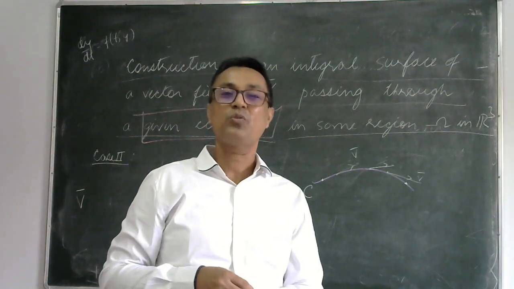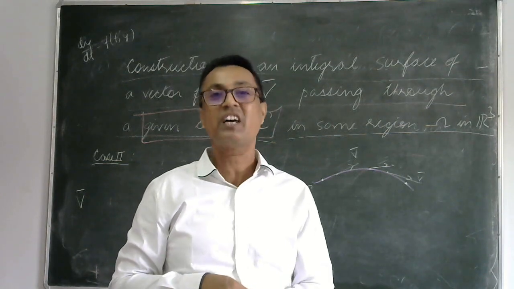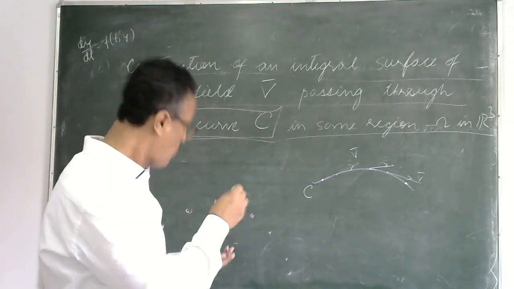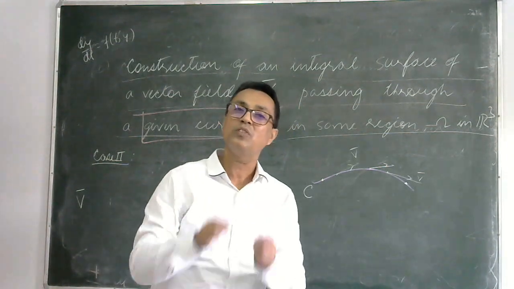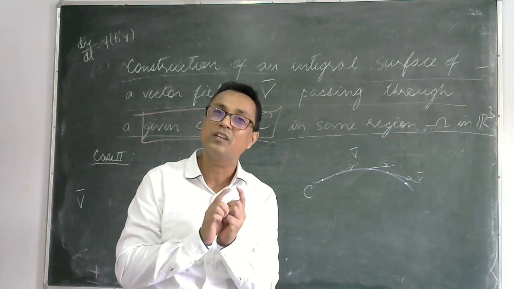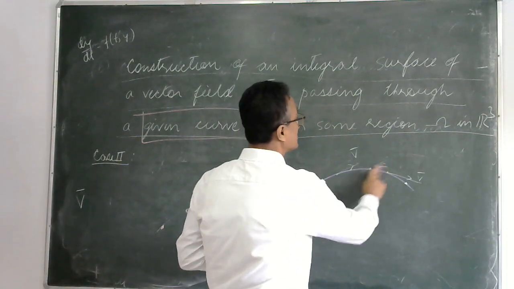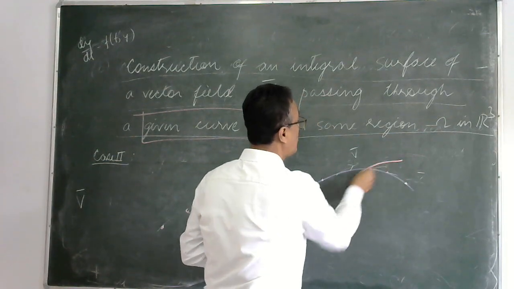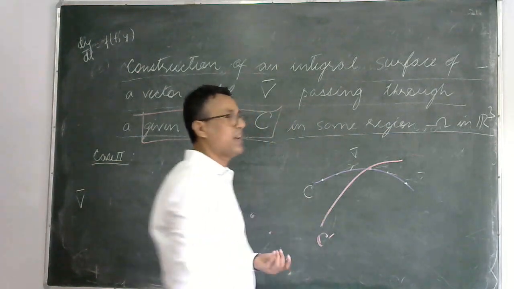Through each point, what is going to happen? I am going to end up with the same curve. That is the point. But now, I am going to take an integral curve of V which intersects this particular curve C. Suppose I call that curve C prime.